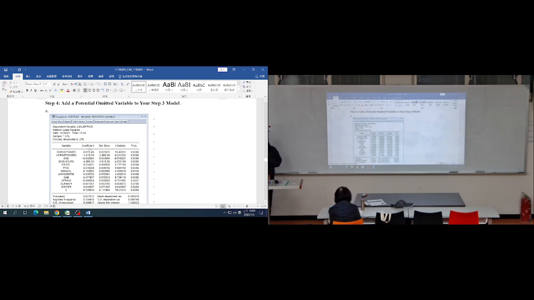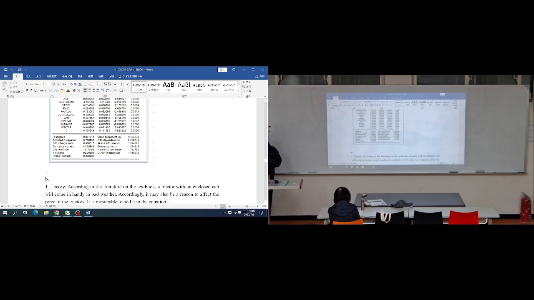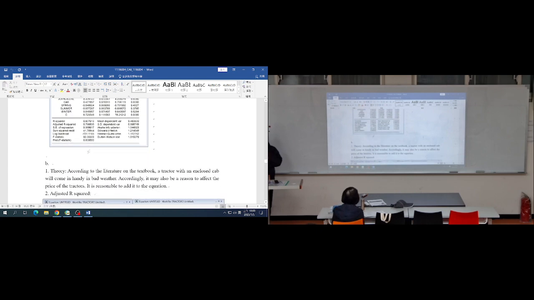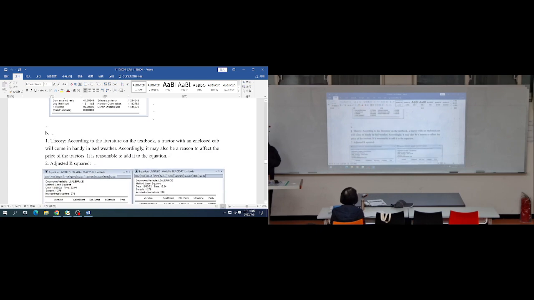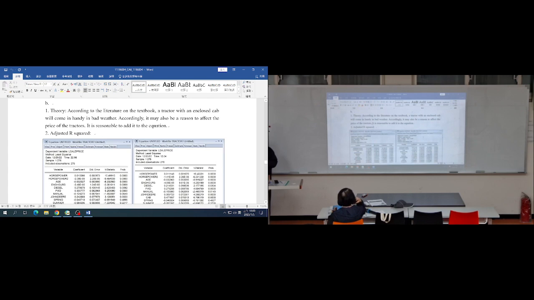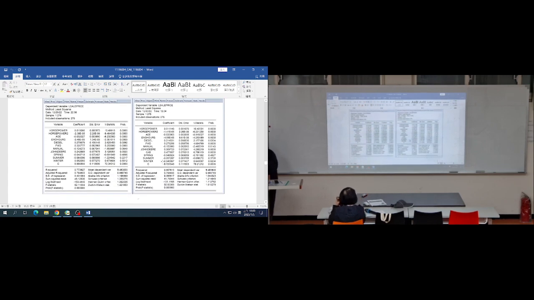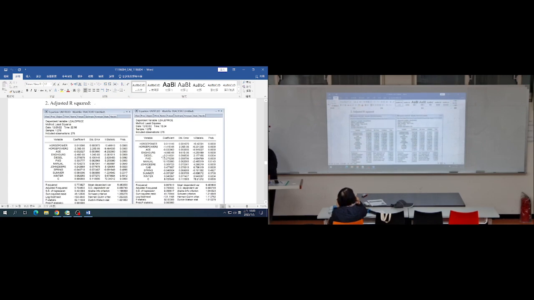Then the B part. The theory is like what I said. And the adjusted R squared: the right hand side is the one with cap, and it has higher adjusted R squared.